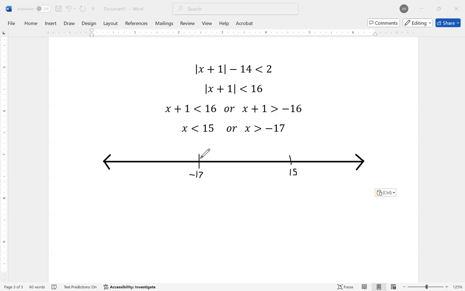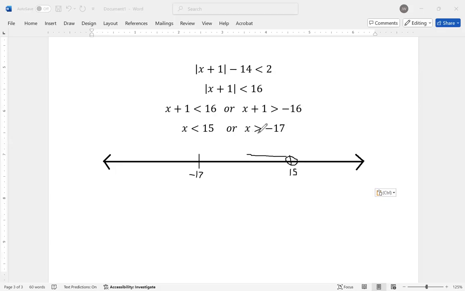Now, the way these interact is that it says x needs to be less than 15, but not equal to 15. So the way I would write can't be equal to is I write an open circle around the 15 and I start shading towards the left because x can be smaller than that number.